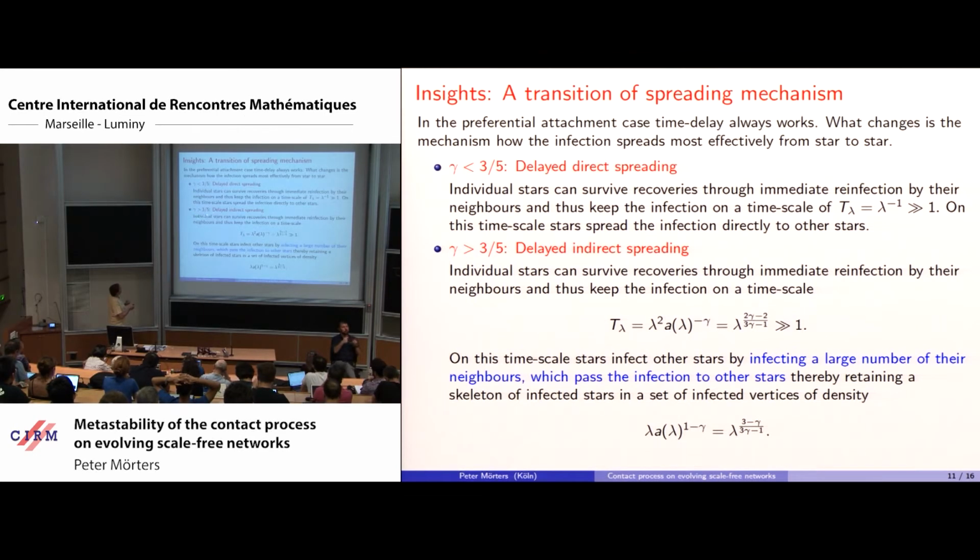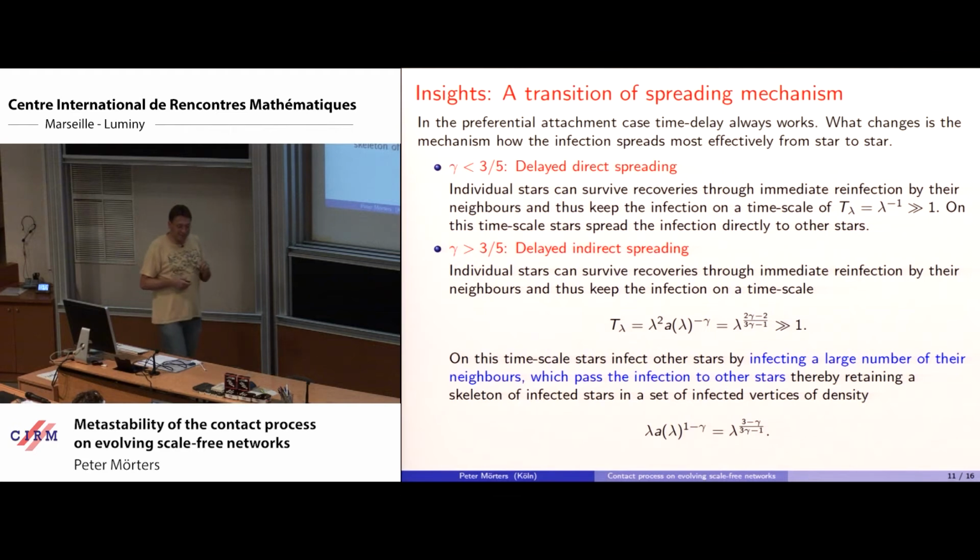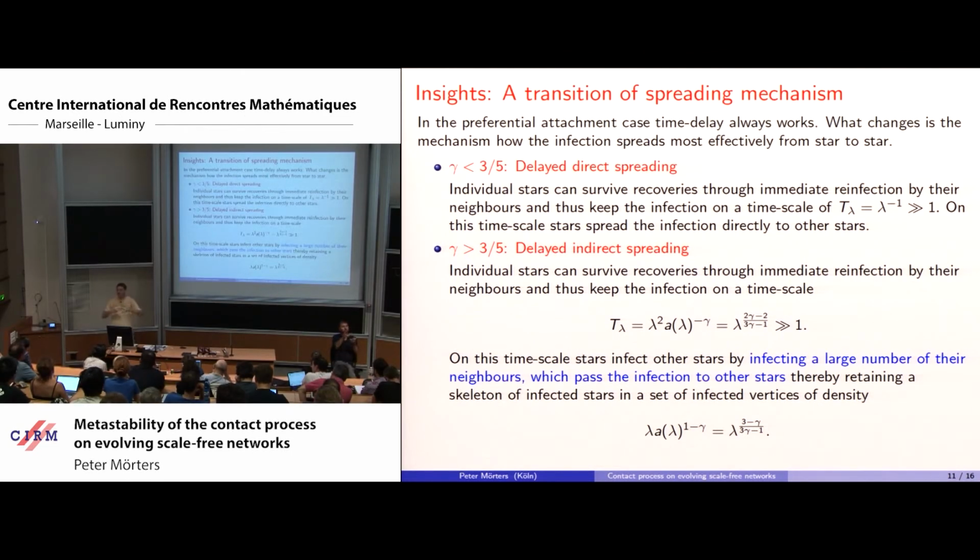But when the network is very inhomogeneous, gamma bigger than 3/5, then it's worth using a connector, a bulk vertex, as an intermediate step. So in this case, if you are infected and you have an office neighbor, you're not infecting your office neighbor directly by going to his office and passing on the infection, but you're teaching very big classes, both of you, and you pass the infection to a proportion of your students, and a proportion of these students will also be in the other person's class, and via the student they will get the infection.